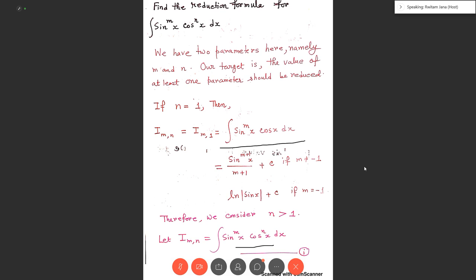Now take cos to the power n minus 1 x as the first function and sine to the power m x cos x as the second function.